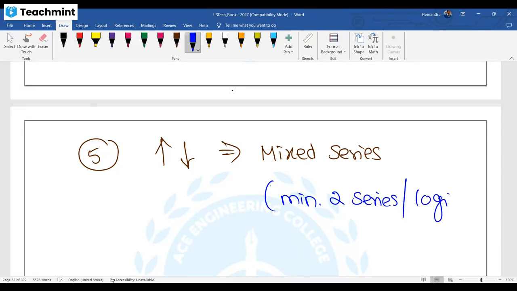Suppose I'll let you know one question right now, straightforward. This is increasing, decreasing, mixed series. Sir, how can I identify the question? I'll give one example here. 1, 4, 27, 16, blank, 36, 343.